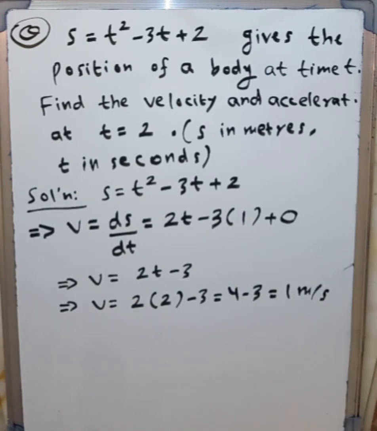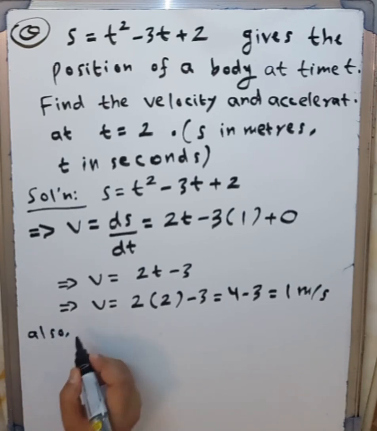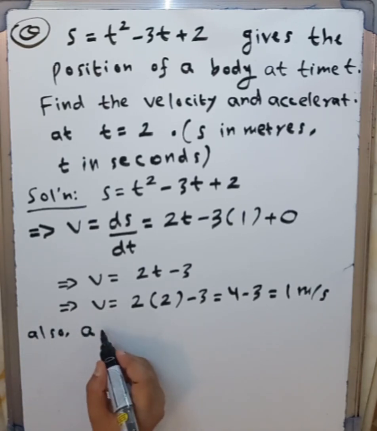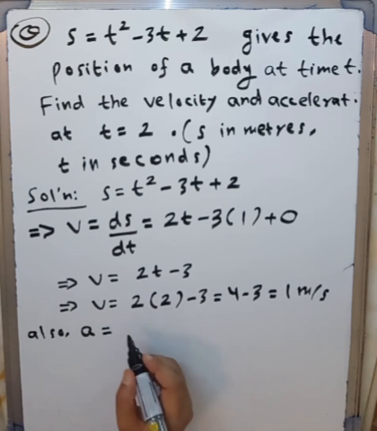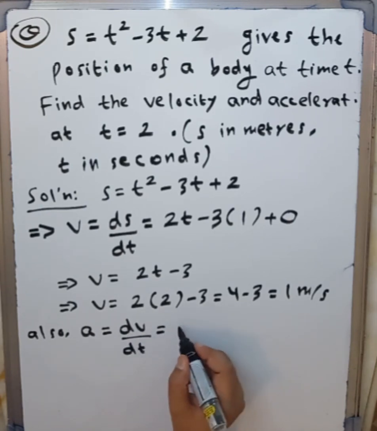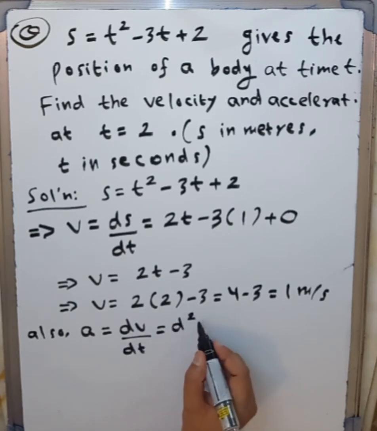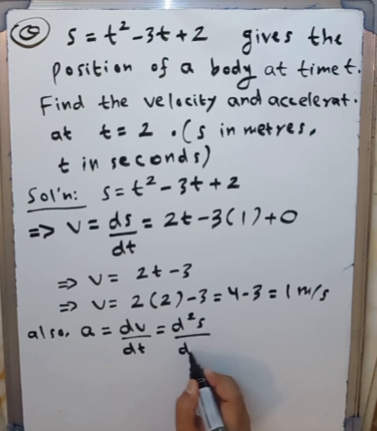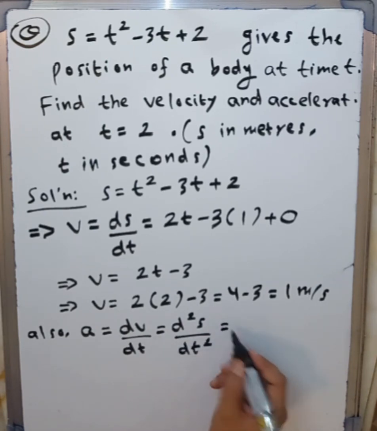Now let us find the acceleration. Acceleration formula says dv by dt, or you can use the formula d square s by dt square.